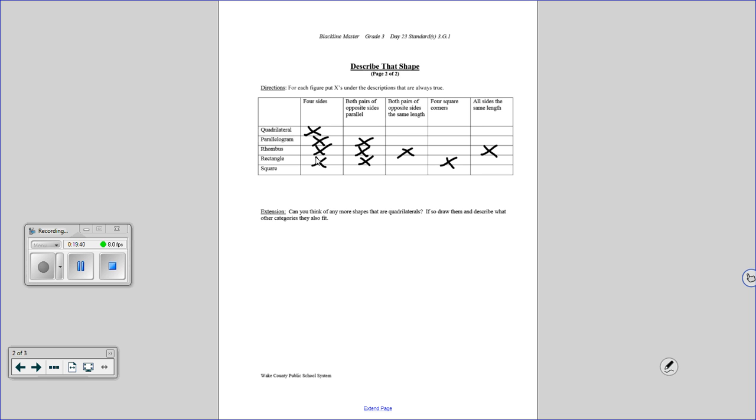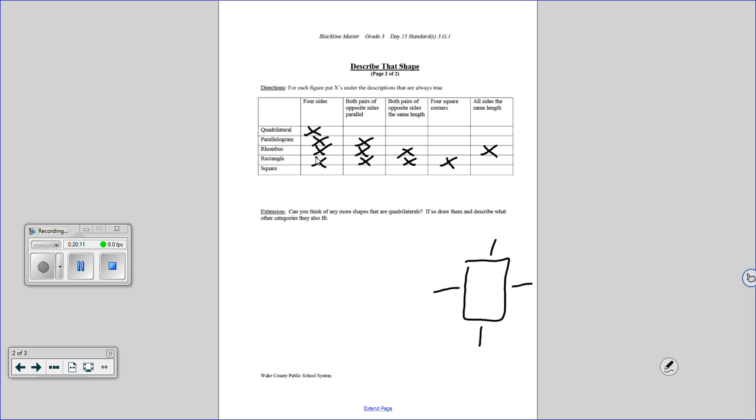So if I'm drawing a rectangle, this side and this side are the same length, and this side and this side are the same length. So opposite sides are the same. Are all sides the same? No. But the opposite sides are. So we're going to put an X here.